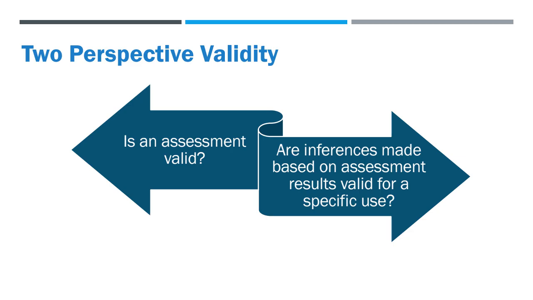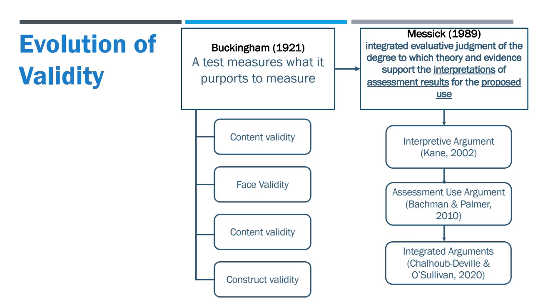Rather than looking at these two types of definition as two different opposing camps, what we actually see is an evolution in thinking. Over time, validity has expanded, moving from a narrow tool focus, which is about whether it measures what it says it would measure, the assessment tool itself. In the old days, test developers would come and say that my test is valid.